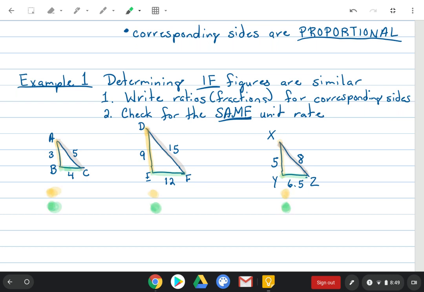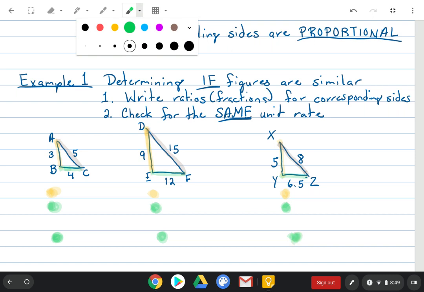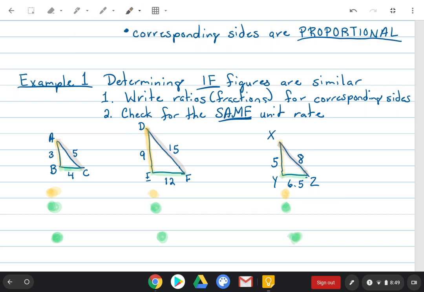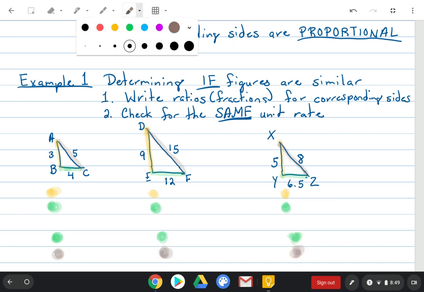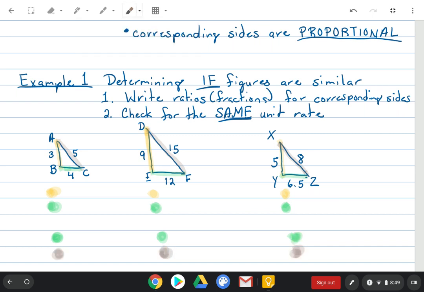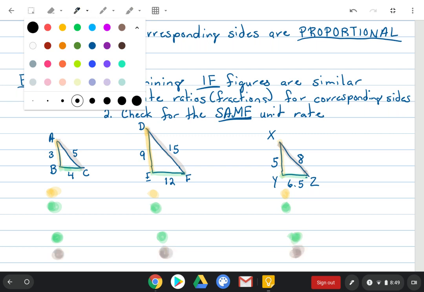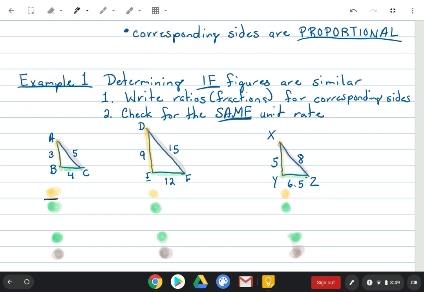Then I'm going to check ratios or fractions of the green side to the brown side. And just hang in there. I know it's not clear what I'm doing right now, but I think you'll see what I'm talking about here in a second. Okay, so remember, ratios are just fractions, okay?